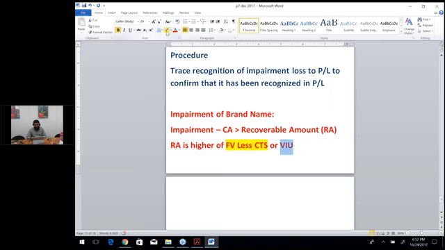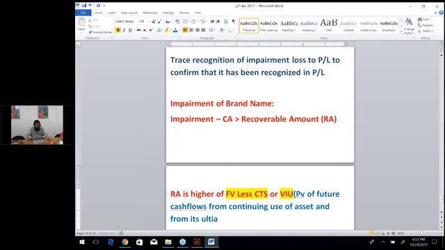And the value in use, what exactly is the value in use? Value in use is the present value of future cash flows from continuing use of the asset and from its ultimate disposal.